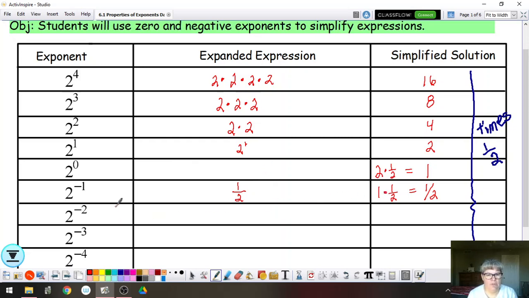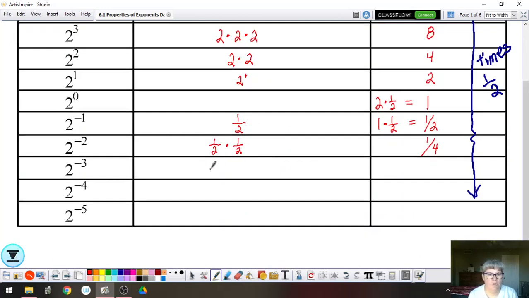2 to the negative 2 then, if we keep multiplying by 1/2, would be 1/2 times 1/2, which is 1/4. 2 to the negative 3 should be 1/2 times the 1/4, which is 2 to the negative 2, and then we multiply by another 1/2 because we're moving down our table. That's going to be 1/8.